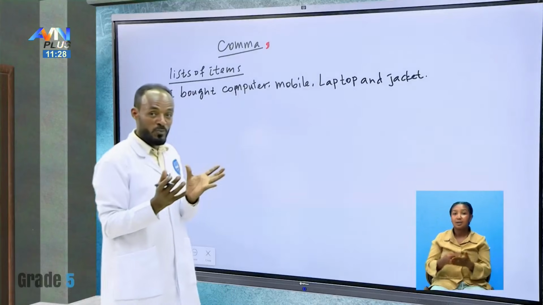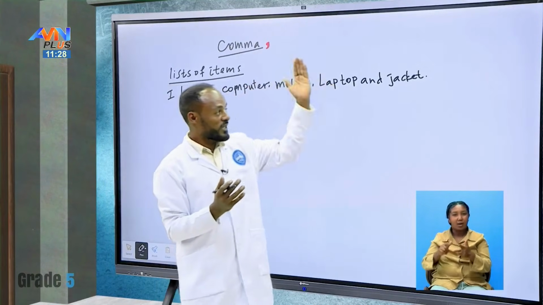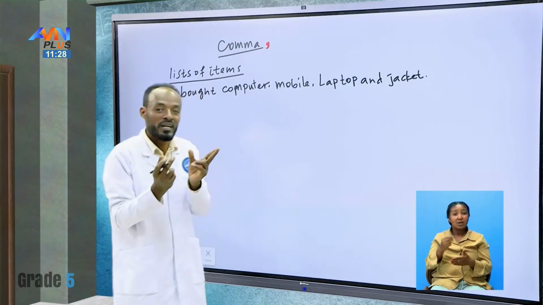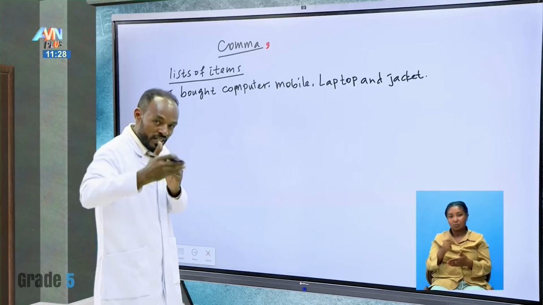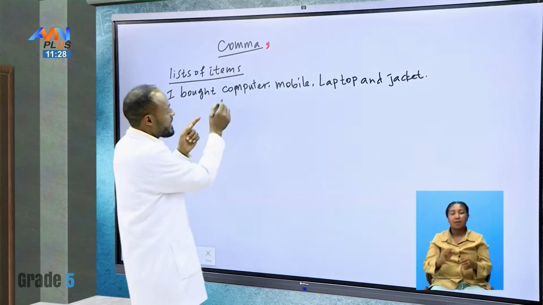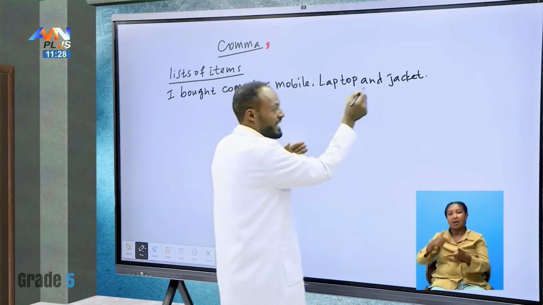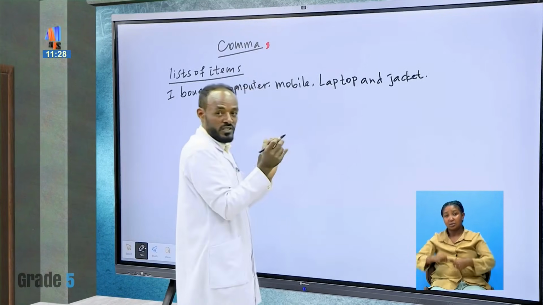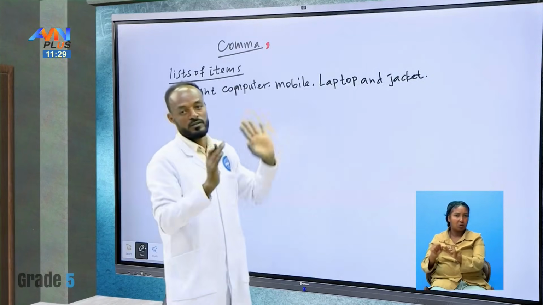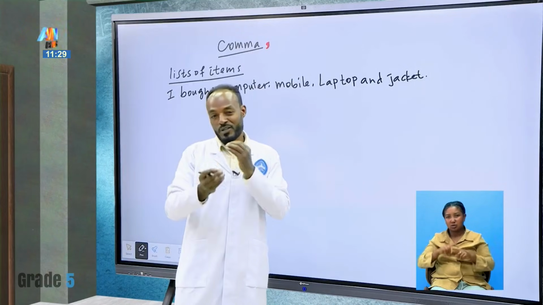Here, how many things: computer, mobile, laptop, and jacket? So, these are a series of items which are mentioned in a sentence, which are listed in their order. So, computer, then comma, mobile, comma, laptop, and jacket. If necessary, we can use comma here. It's possible. And also we can leave it because that is just American and England English. Both of them are equally acceptable.